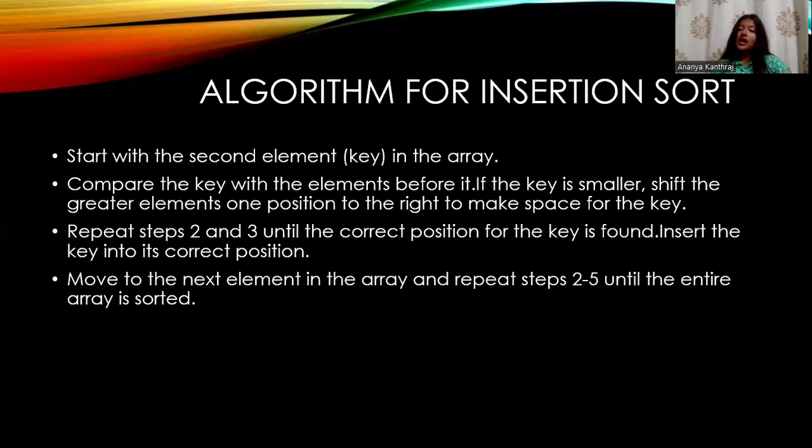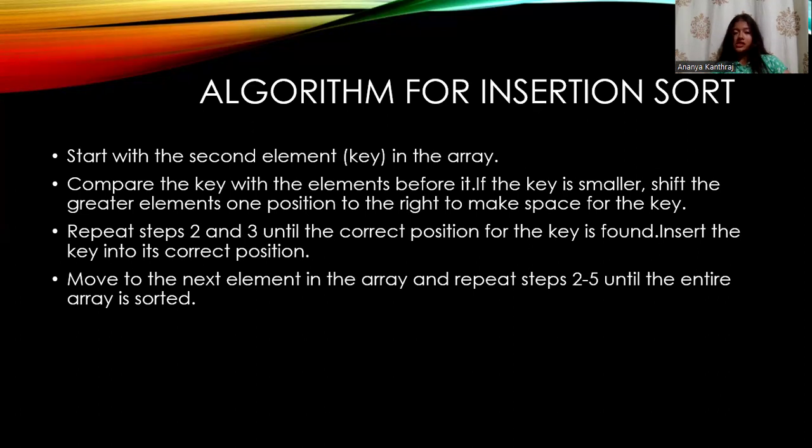So let's look into the algorithm for the insertion sort. Start with the second element as the key in the array. Compare the key with the elements before it. If the key is smaller than the elements, then shift the greater elements one position to the right to make space for the key.